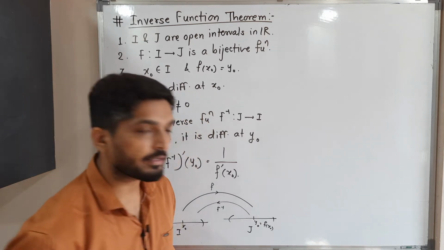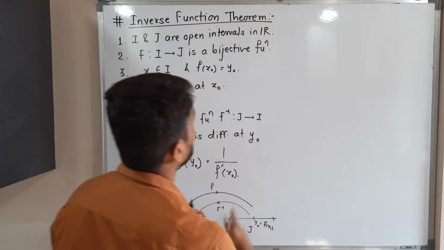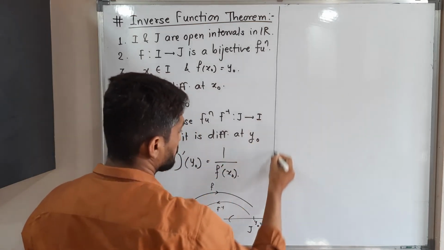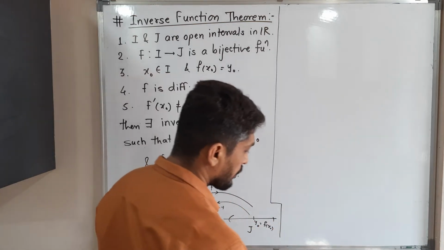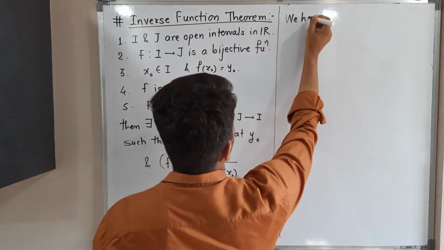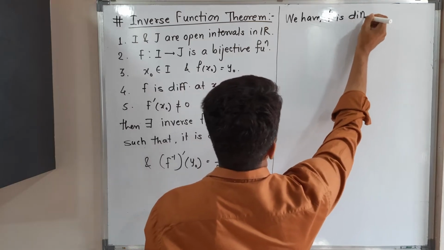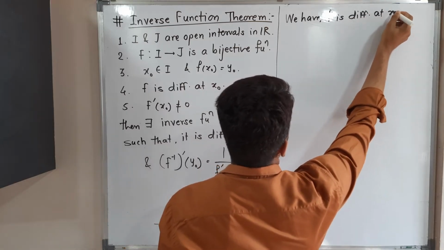So I will write all the given information one by one, and we will start the proof from here. The first important thing: f is differentiable at x naught.